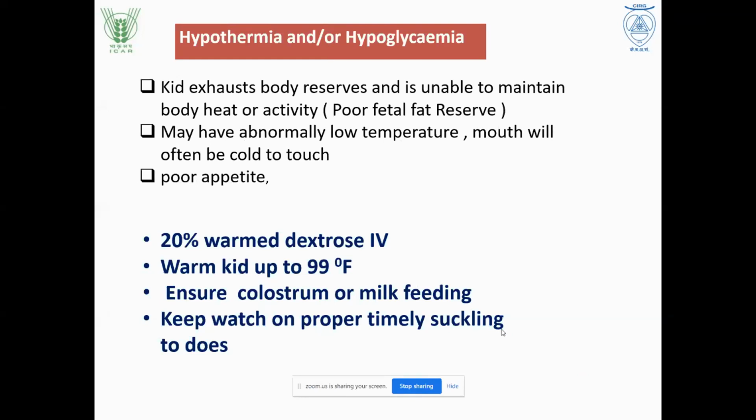In this situation, to provide nutrition to the young one, give 20% warm dextrose IV, and try to make the environment warmer so they can survive. Ensure colostrum and milk feeding timely, in proper amount, and at proper time intervals. And watch for proper, timely suckling to avoid hypothermia and hypoglycemia.